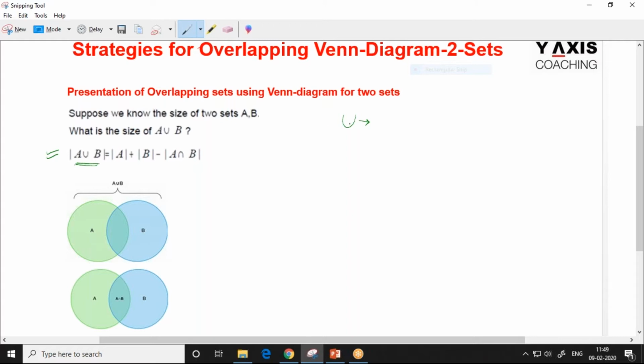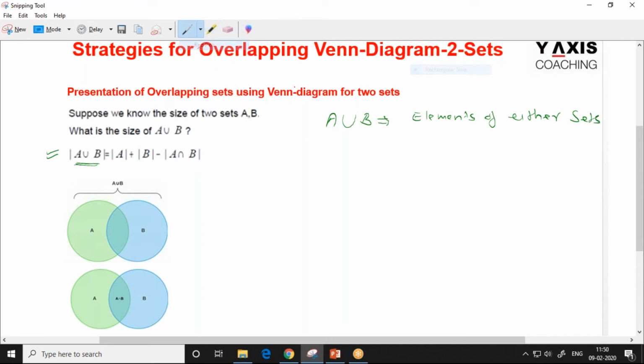When I say A union B, let me write it, it will be clearer to you. A union B can be written as elements of either set.